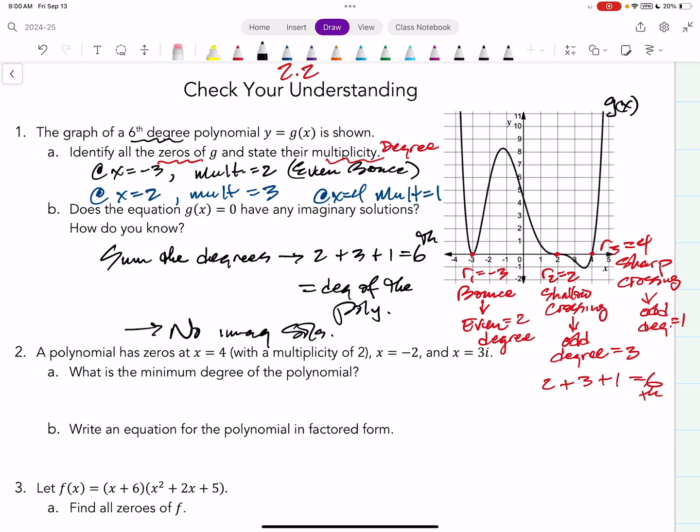We'll see some cases later on where we have some, but since the sum of all those degrees equals the degree of the polynomial, which was given right at the very top as 6th degree, we do not have any imaginary solutions. If we did have some, it wouldn't be degree 6, it would be degree 8, or 10, or something higher than 6.